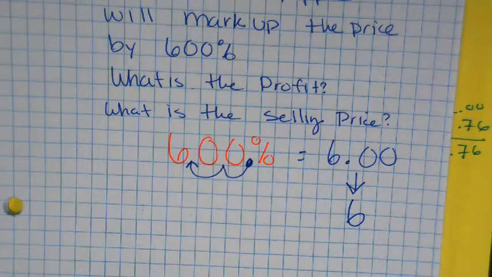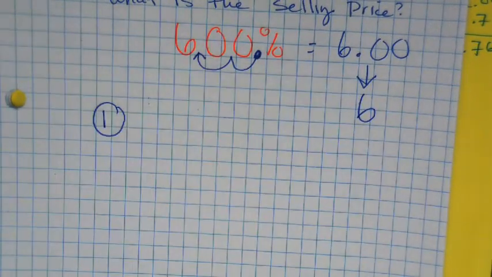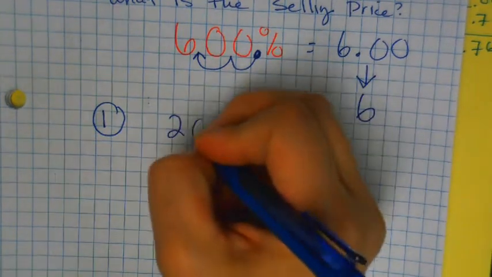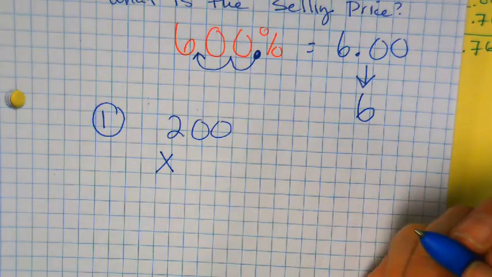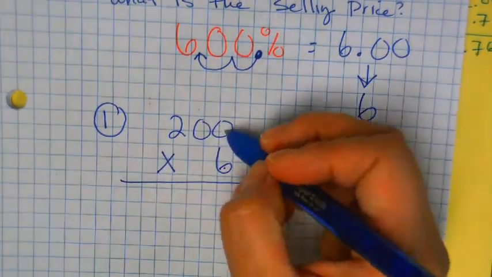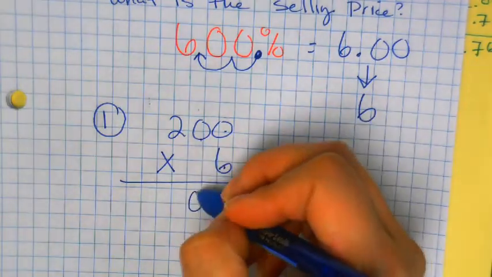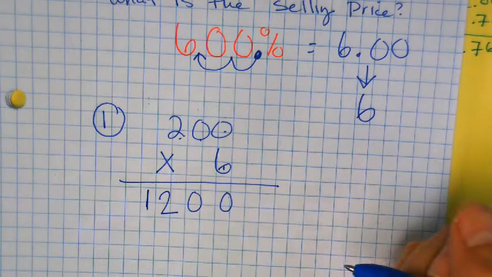All right. So what's our first step? You're going to take the price that it costs to make. How much does my iPhone cost to make? Let's pretend. 200. I have no idea how much it really makes. Times, what's my percent written as a decimal? 6. All right, let's multiply. 6 times 0, 0. 6 times 0, 0. 6 times 2, 12. Do I move my decimal?